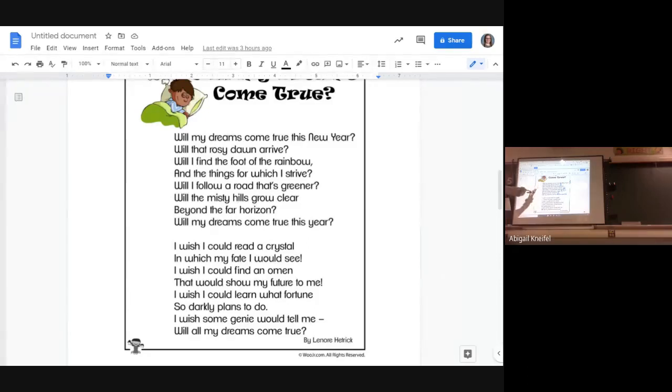Are there any repetitions in this lovely stanza? What are some repetitions, things that repeat, my friends? Mia. So like it says will I, will the, will my.